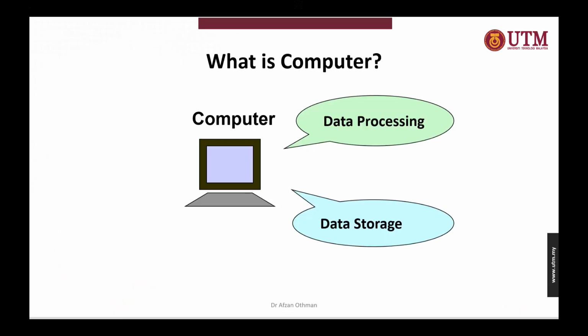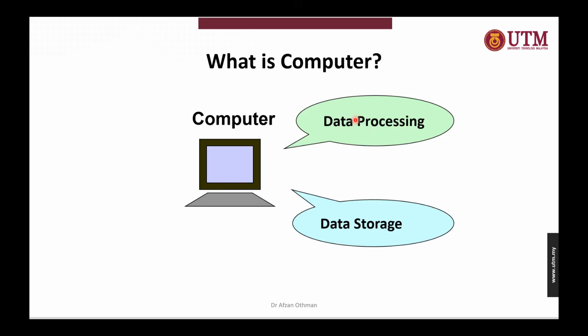Right, so first, let's look at the definition of a computer. So what is a computer? A computer is an electronic device used to store data and to process data, typically in binary form. Every time you do data processing or data storage, that data will be processed or stored using binary numbers.